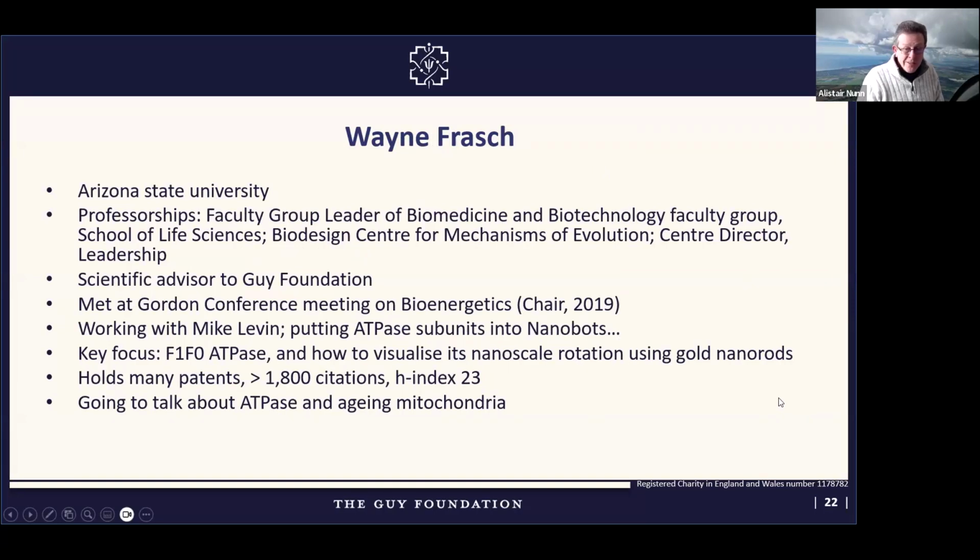This is another fascinating area, but we're not talking about that today. His key focus has been on the F1FO ATPase and how to visualize it. He's got some fantastic videos of rotating nanorods. They're absolutely amazing. He holds many patents. He's got over 1,800 citations and an H index of 23. Today, I think he's going to talk about ATPase and the aging mitochondria. So with that, I shall stop and hand over to Wayne.